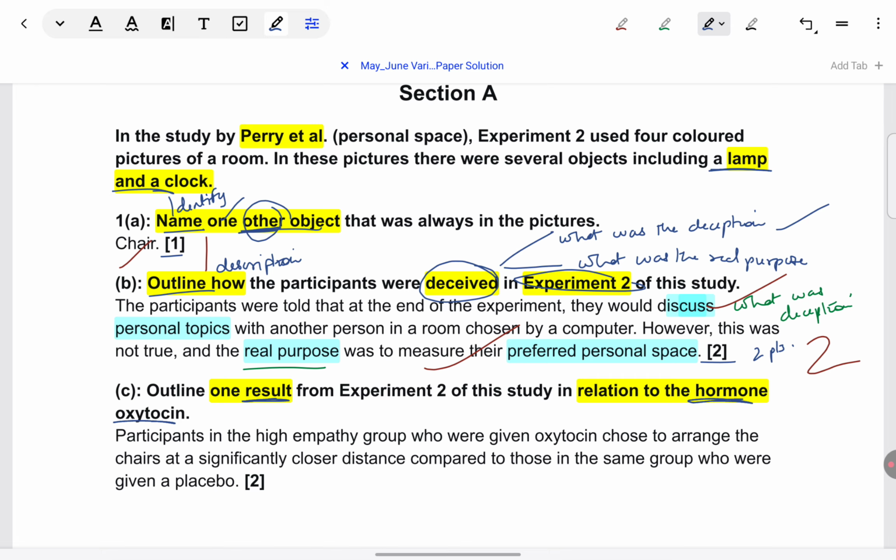But don't give it only in terms of empathy, or only in terms of chair angles versus distance. Like, say, the researchers did not include angles because they were found to be insignificant. You have to talk about oxytocin if they have asked specifically about it. If you avoid oxytocin and mention anything else, you're not going to get any marks. In relation to oxytocin, if empathy is playing a role, you can mention it. But by itself, the result should not be about empathy.